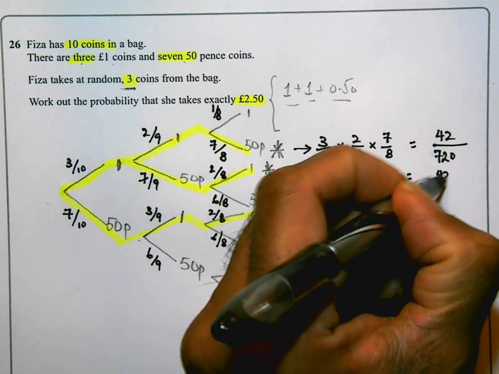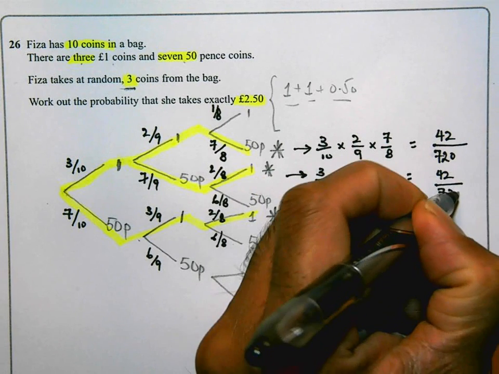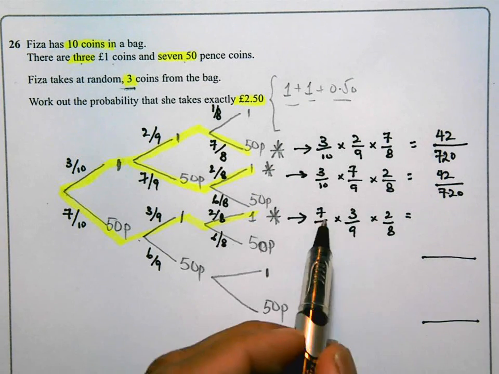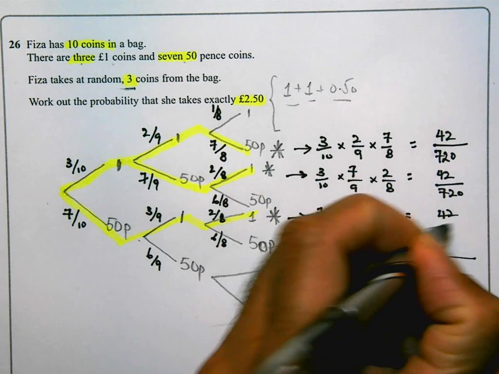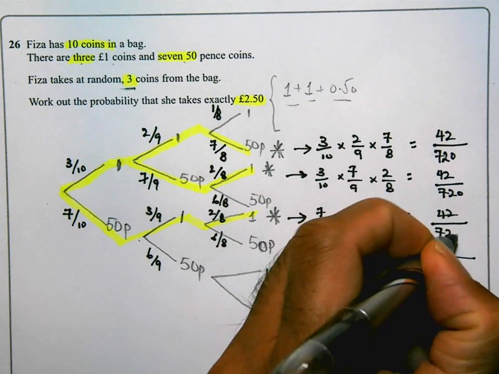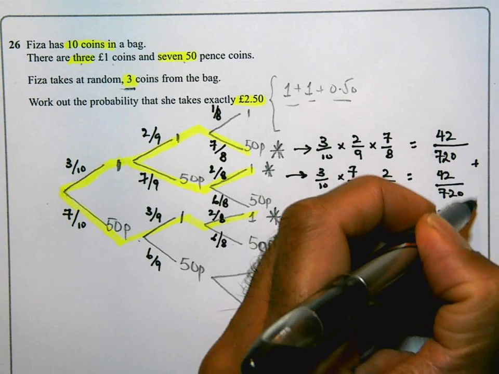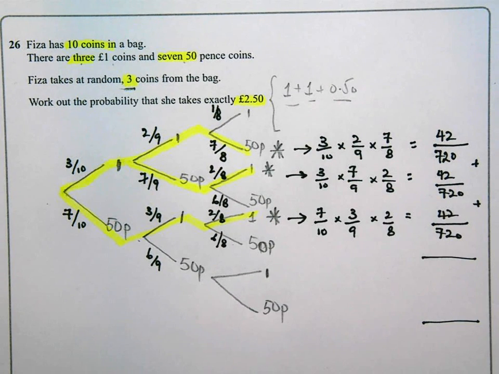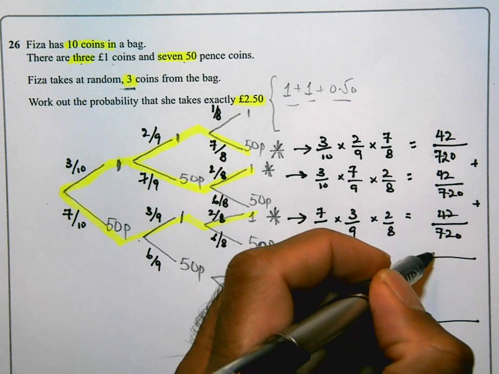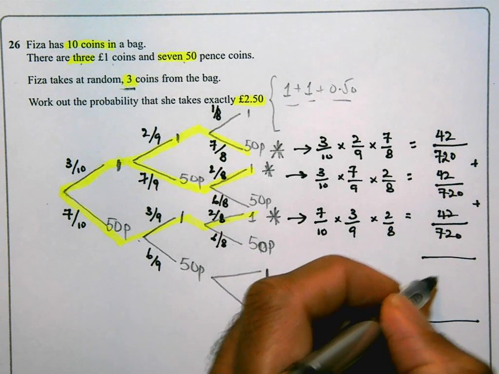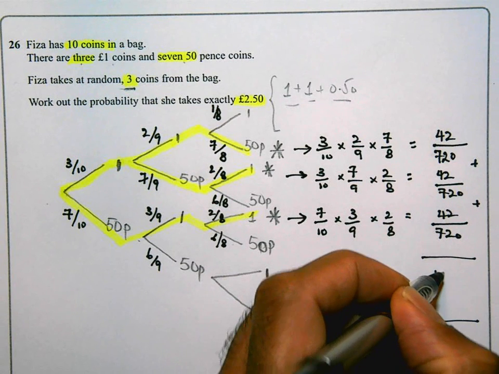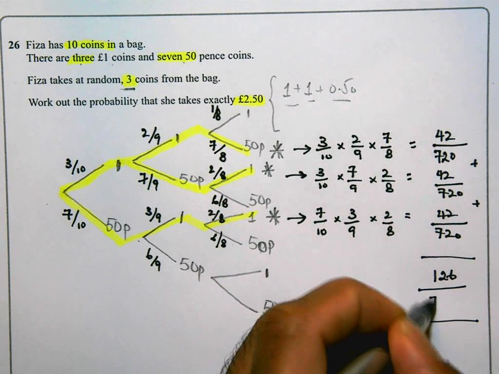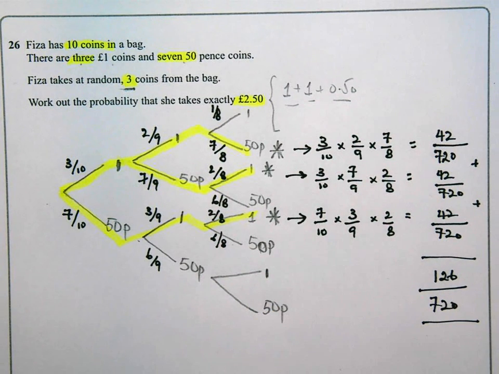And finally, 7 times 3 is 21, times 2 is 42 over 720. Adding these, because they all have the same denominator, I need to do 42 add 42 add 42. 3 lots of 42 is 126, so that gives you 126 over 720, and that is going to be my final result.